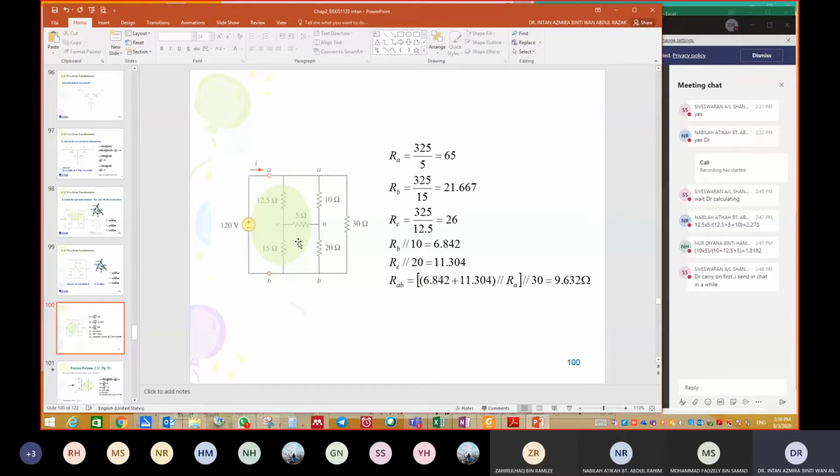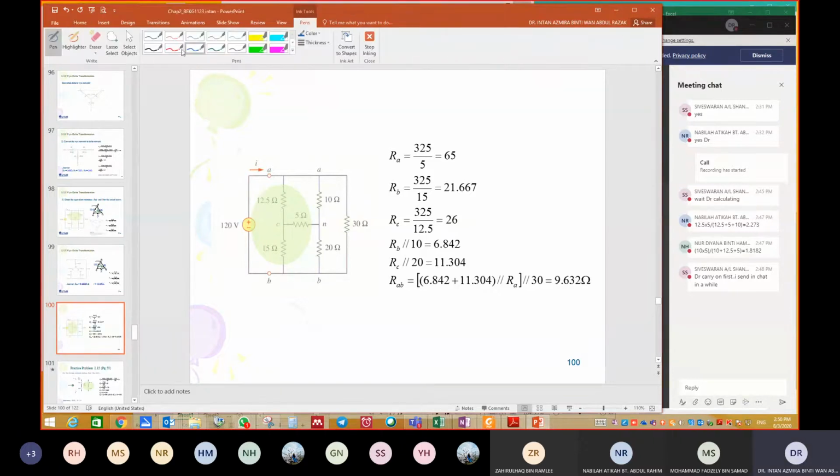This is the same circuit, but now we try to convert this Y connection to delta connection. This is Y. You may redraw so that you can have a better understanding. This is 12.5. This is 15. And this is 5. Now we convert it to delta.